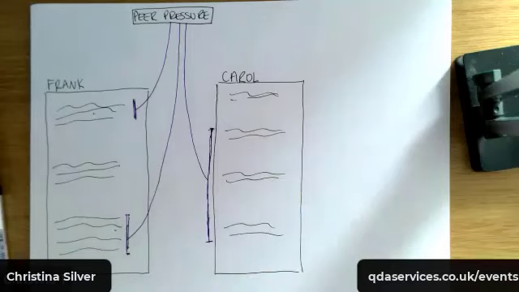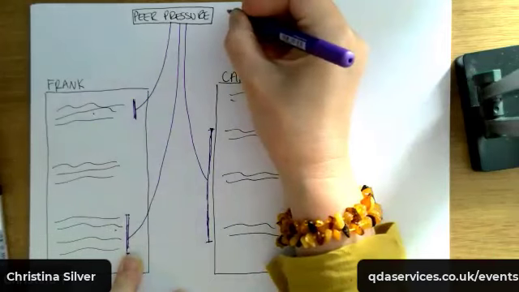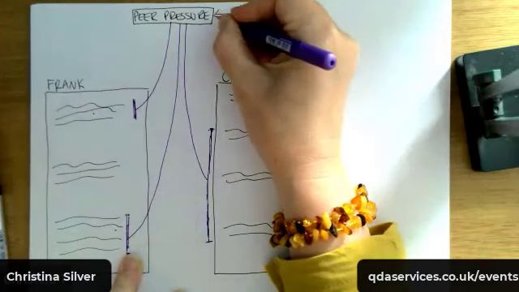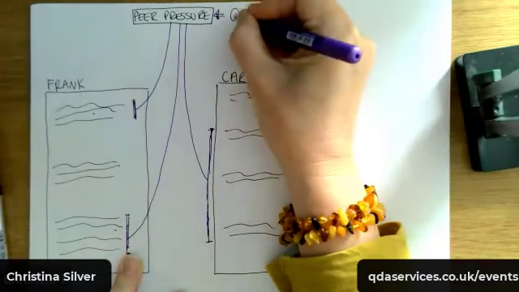There are several benefits of doing that in a CAQDAS package in comparison to manual methods such as highlighter pens, or general purpose software that isn't designed for qualitative analysis. One benefit is that later on, we can open up this code and look inside it.